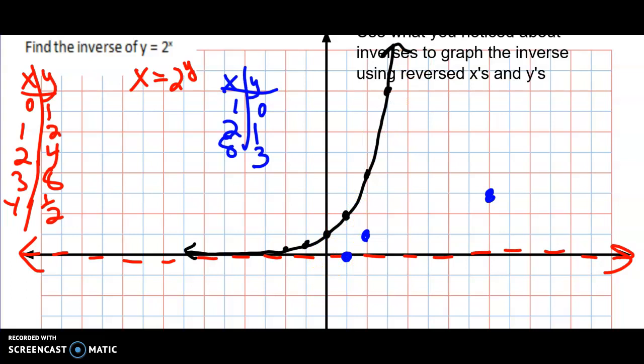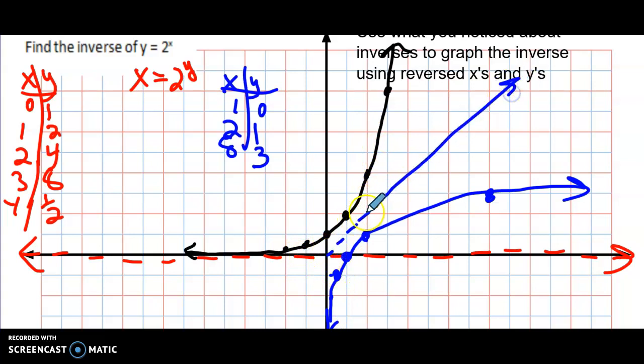So it'd be a half, -1. When we put -2 in, we got a fourth, so it would be a fourth, -2. That kind of makes sense, doesn't it? Because if I graph y equals x, the inverses should be reflected across it. Yeah, that looks good.